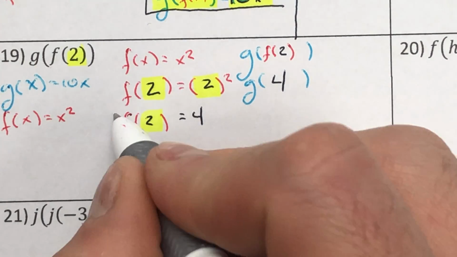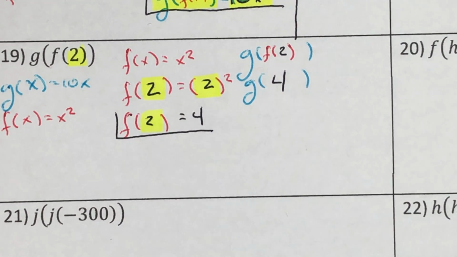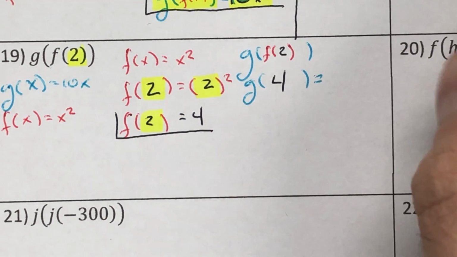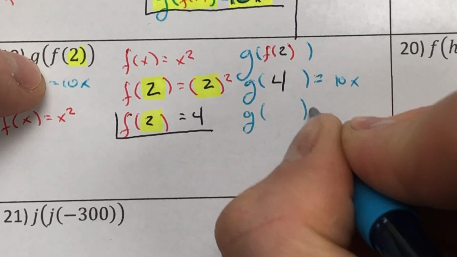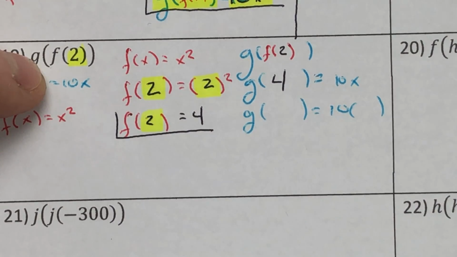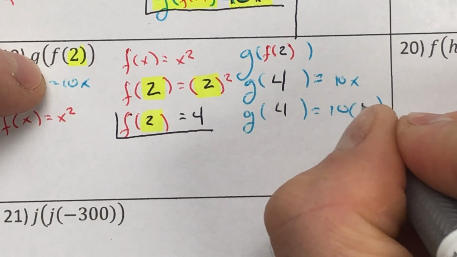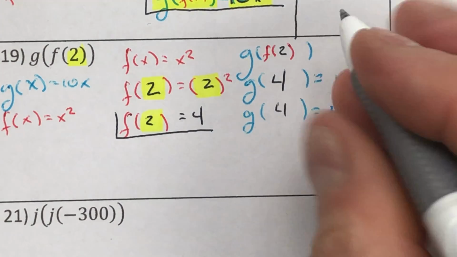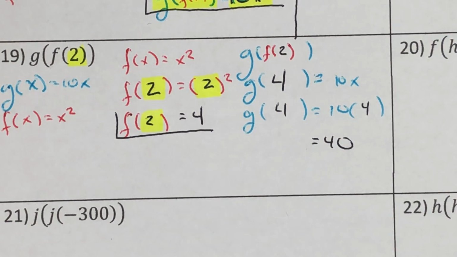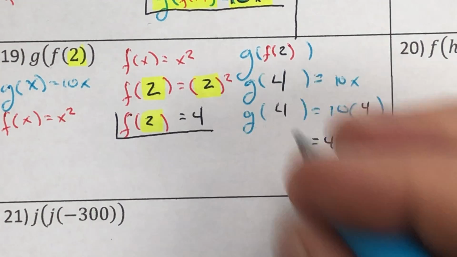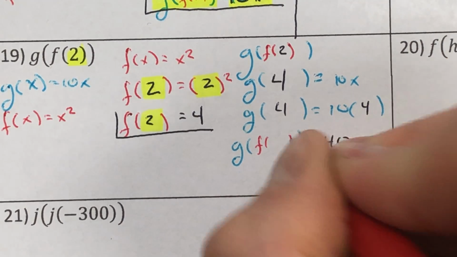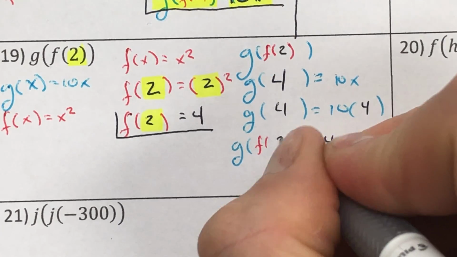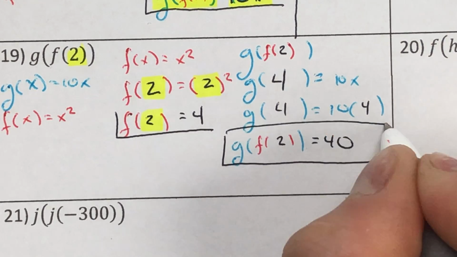I'm going to half box that just because that is the important part. And so I'm going to say, okay, well, what is g of 4? Well, g of x is 10x, which means my g of 4 is going to have to be 10 times that 4. 10 times that 4 is just going to give me 40. So I know that my answer, g of f of 2, is equivalent to 40.